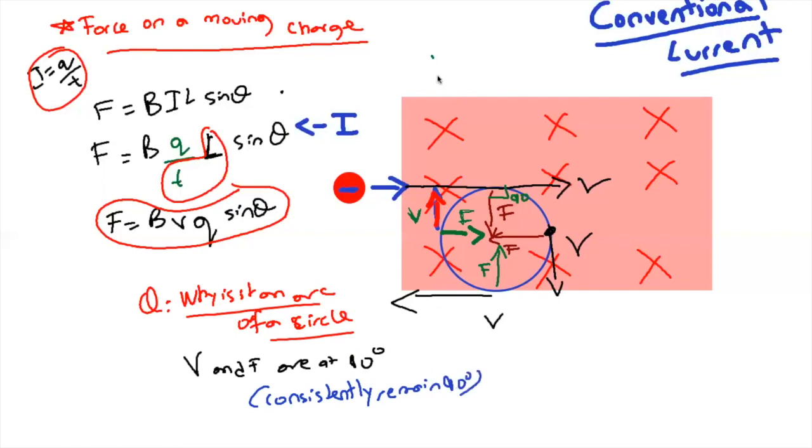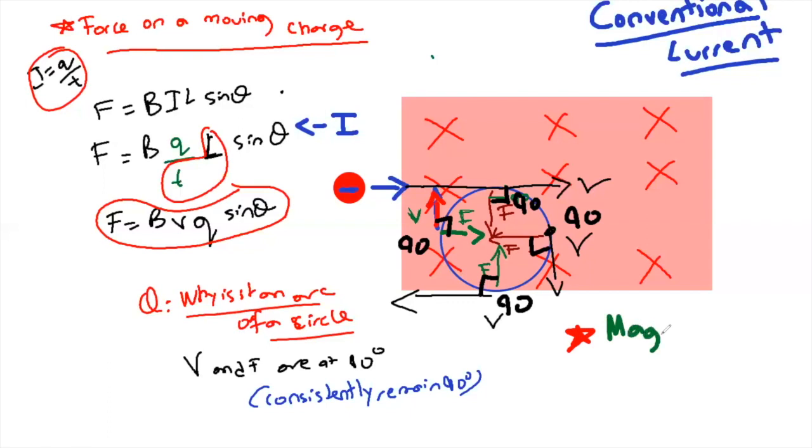Let me mark that 90-degree angle so you can see: 90, 90, 90, and 90. Because they are consistently 90 degrees, that's why it's moving in circular motion. That's a secret. So how did we get centripetal force? Well, let's talk about that.